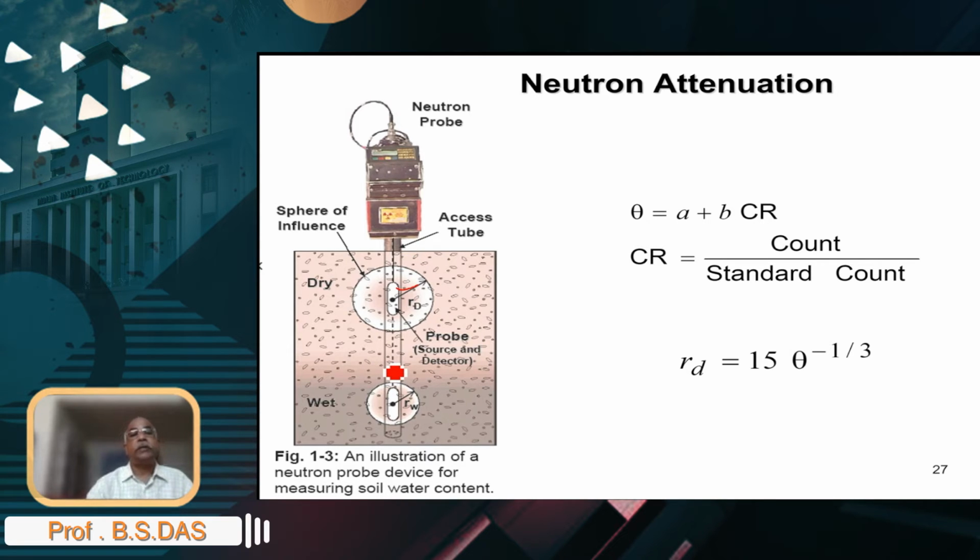The way it is done, generally in the field, is you put in an aluminum access tube, an aluminum pipe, whose inner diameter should be slightly larger than the diameter of this neutron probe.